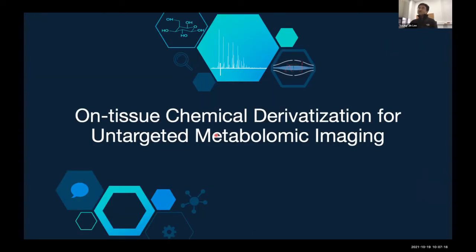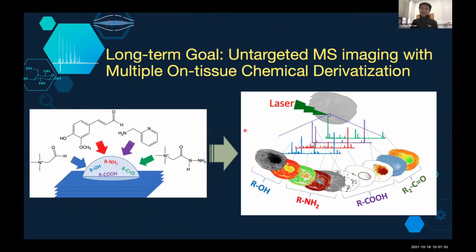Then I want to talk about some of the new research directions that we are trying. One of them is on-tissue chemical derivatization for untargeted metabolomic imaging. One of the limitations in mass spec imaging in general is that there are not many molecules, depending on the sampling size. If you are sampling down to a few micron size, there are not many molecules.